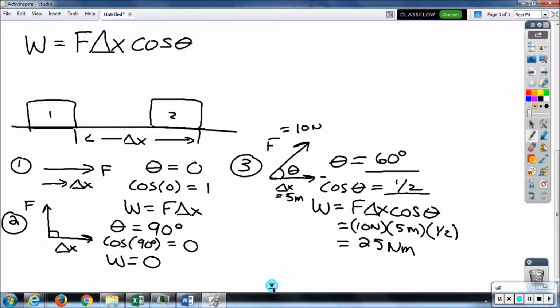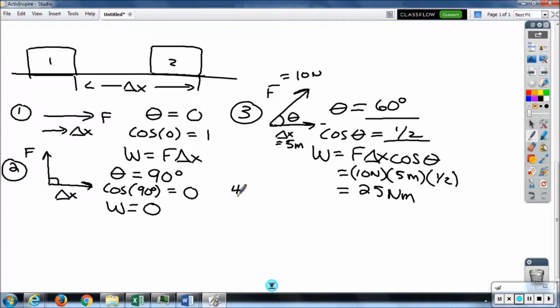The last case is if I were to apply a force to the left while the box moves to the right. This angle here, theta, equals 180 degrees.